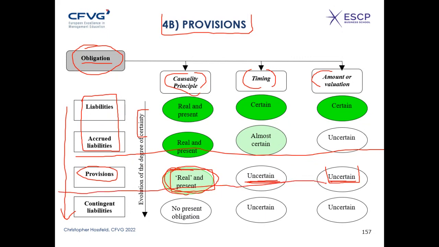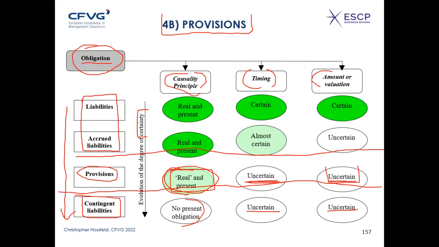And we have finally contingent liabilities. They are not on the balance sheet, because there is uncertainty in timing and amount, and also no probability in terms of existence. So it's very, very unlikely that this contingent liability will turn into a real obligation.